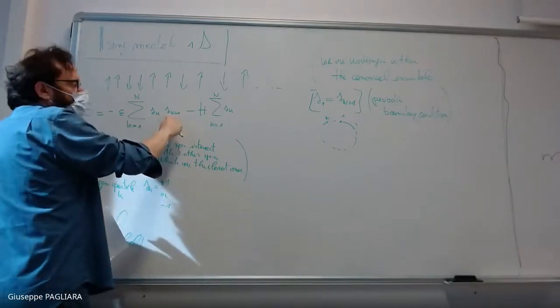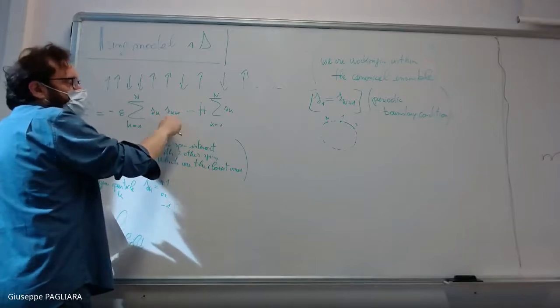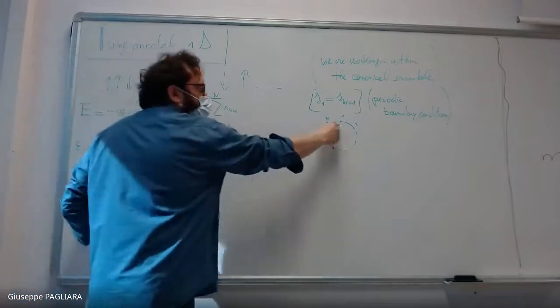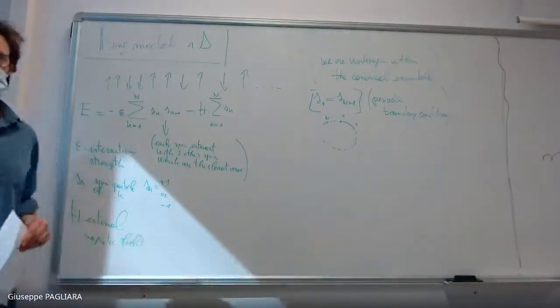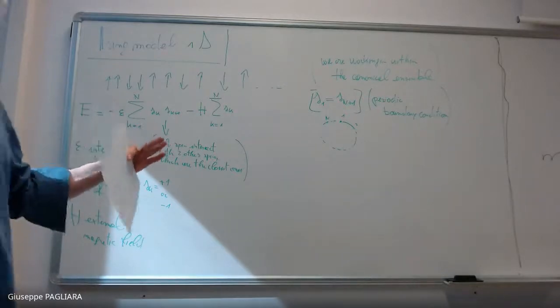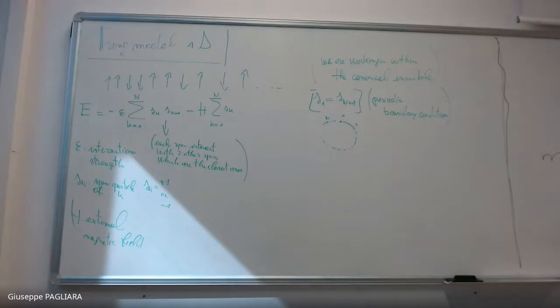So I will just write that S_{n+1} is just S_1. That is like the n-th term interacts with 1. But it's just a border effect. It's not very important for the bulk. We are just assuming something which is valid at the edges, so it's not going to affect what we have in the bulk.